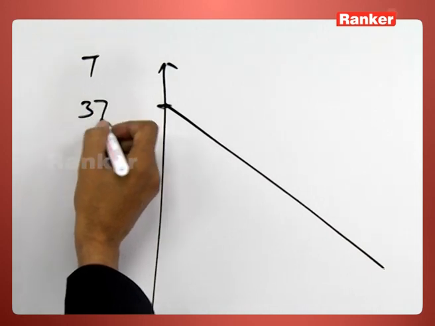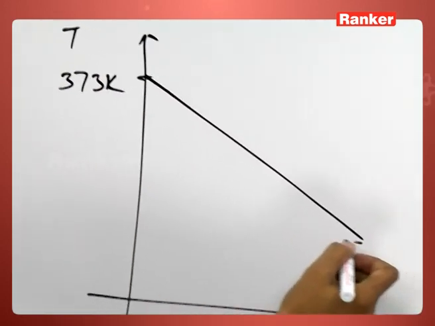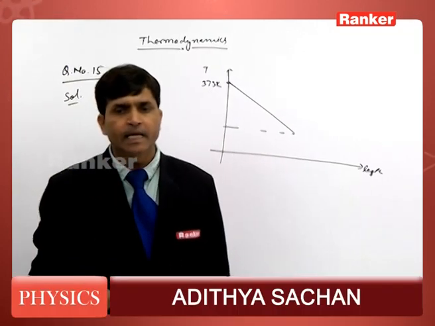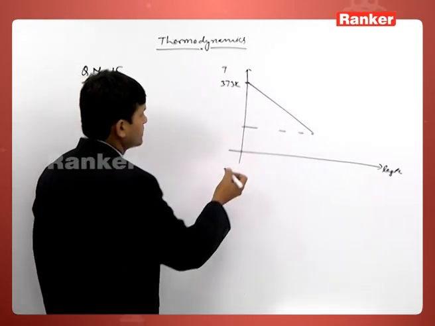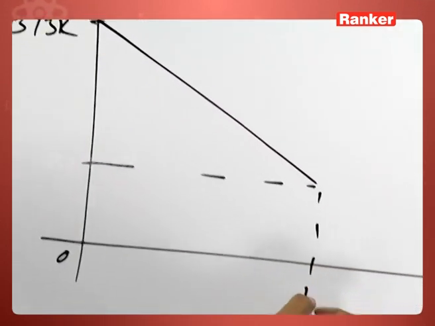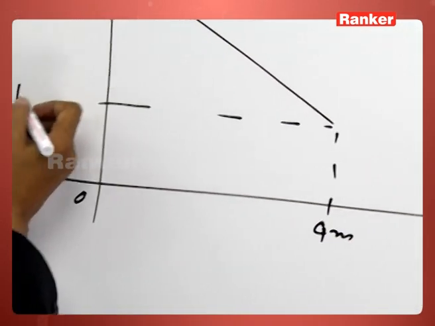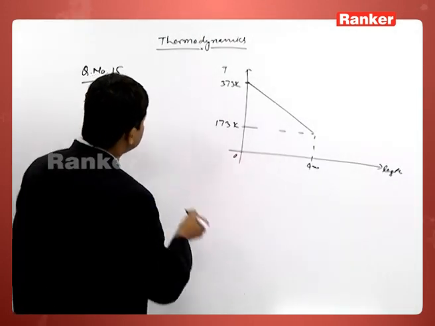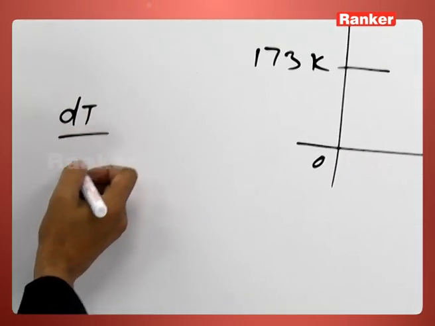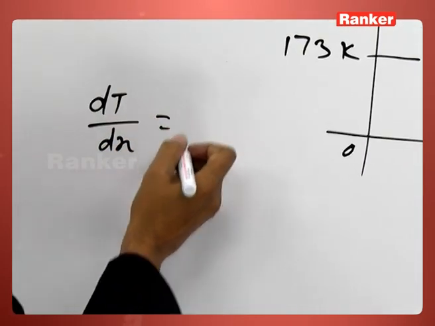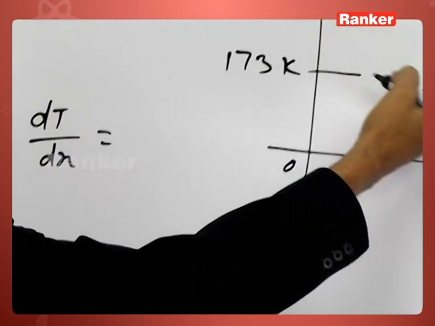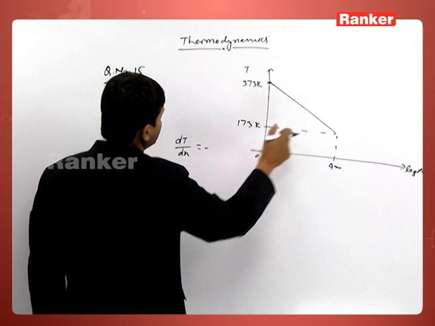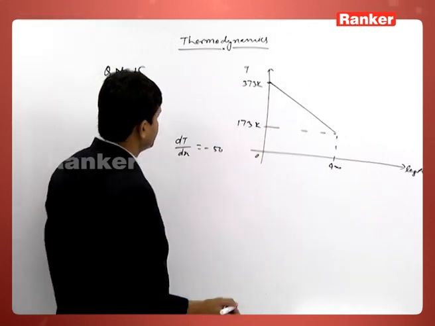This is 373 Kelvin, and this is given here 173 Kelvin in a length 0 to 4 meter. From the graph we can get dT by dx, which is equal to the slope, 373 minus 173 is 200, over 4, which is minus 50.